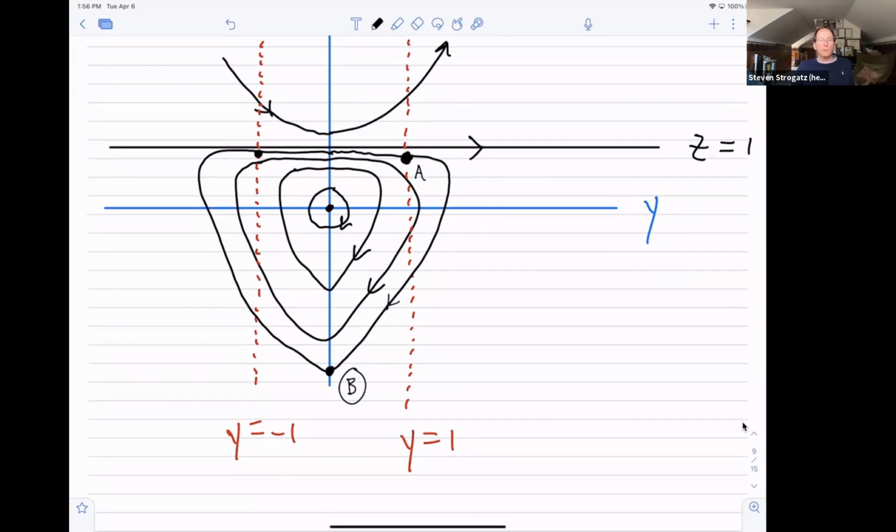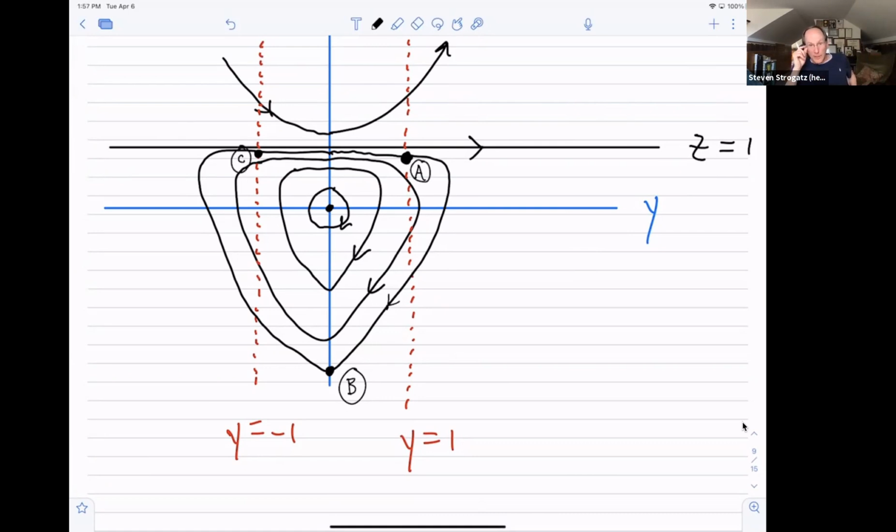Remember, I'm trying to hit that line y equals -1 at precisely after 1 unit of time. So let's call that place C. I don't know if that's visible. That's point C. There's A, B, and C.